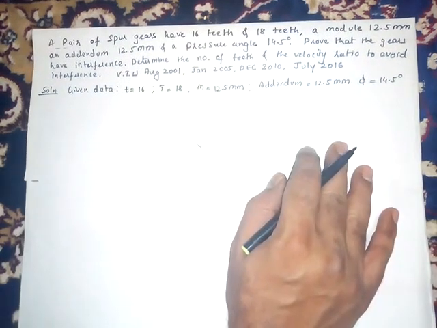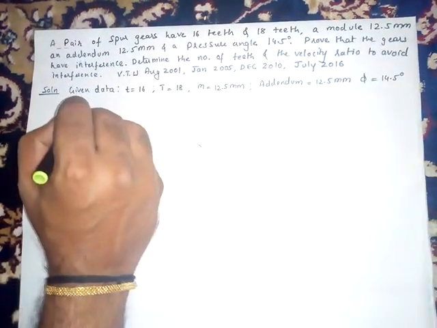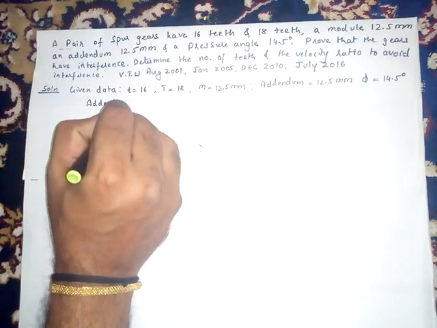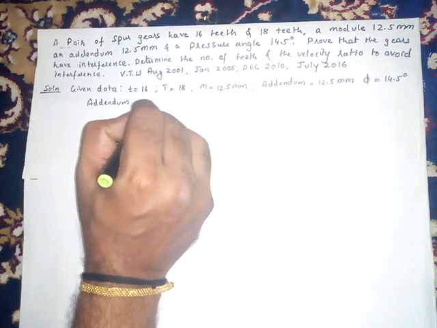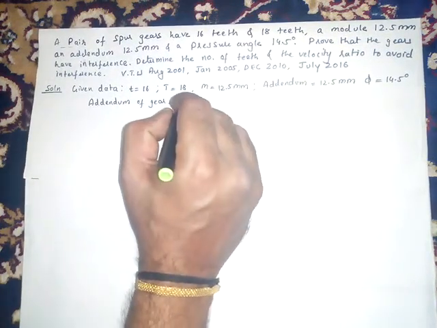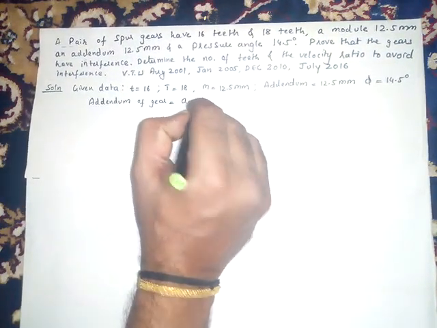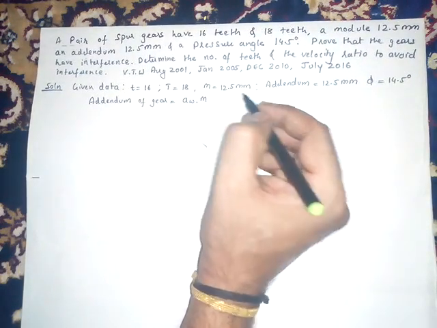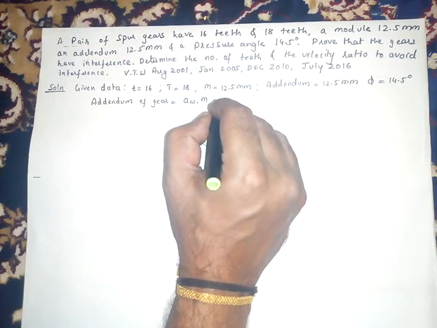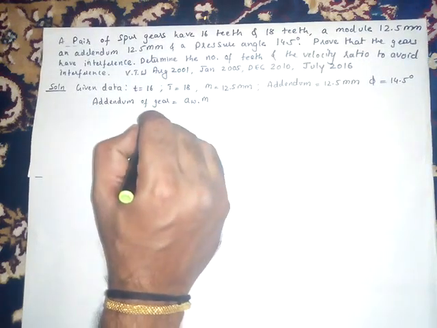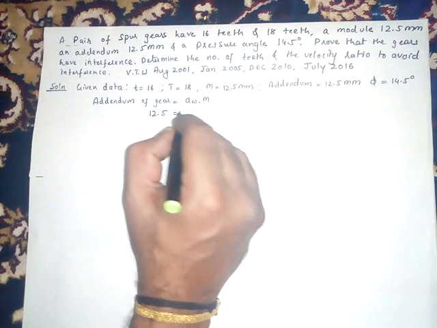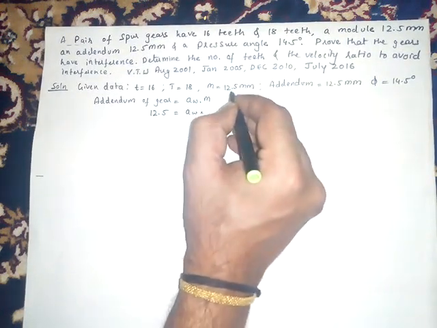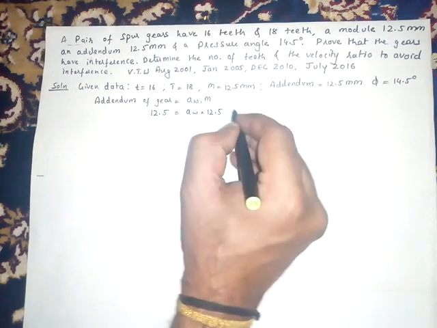First, we'll write addendum of gear is given by AW, which is a constant, into module. Now this is given as 12.5 and module is also given as 12.5.